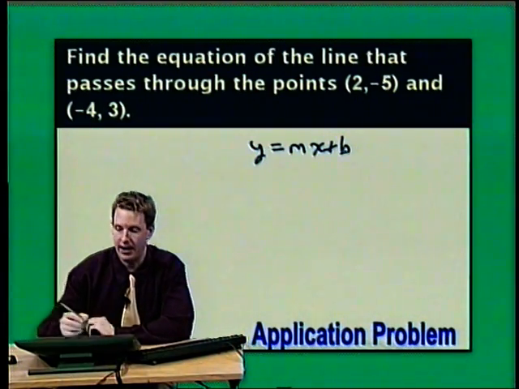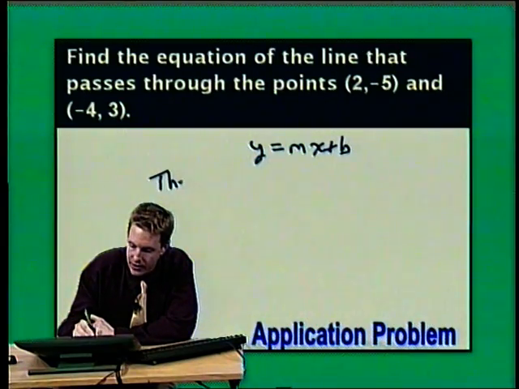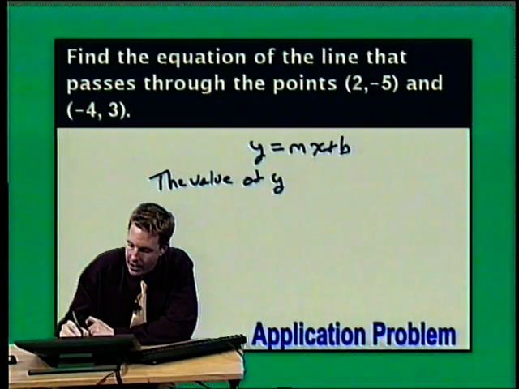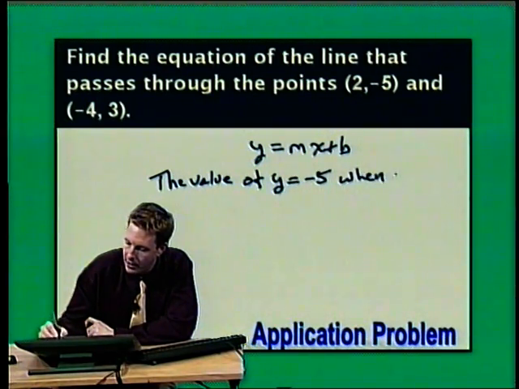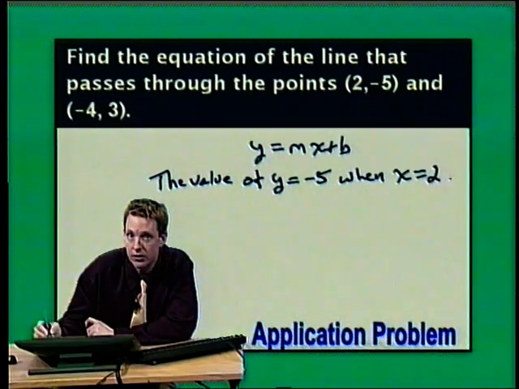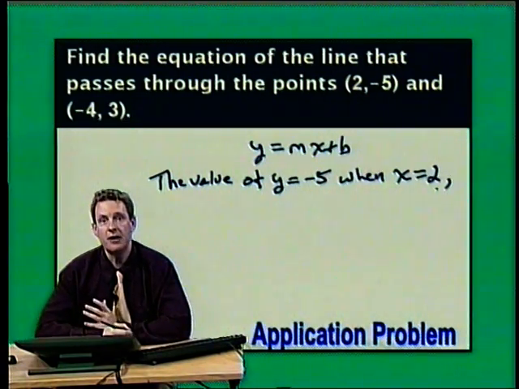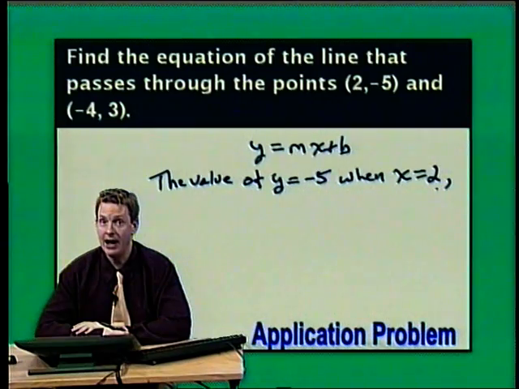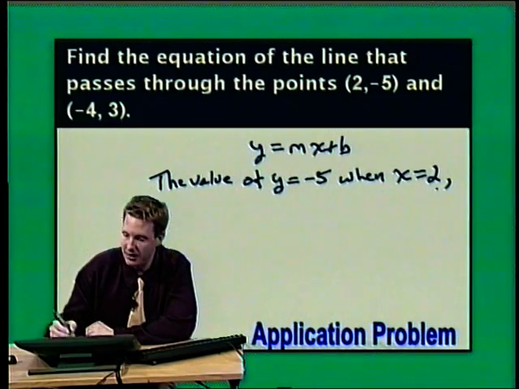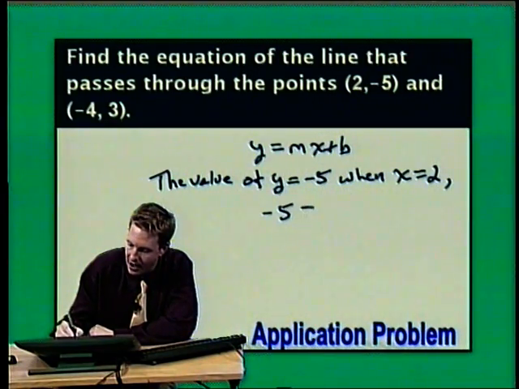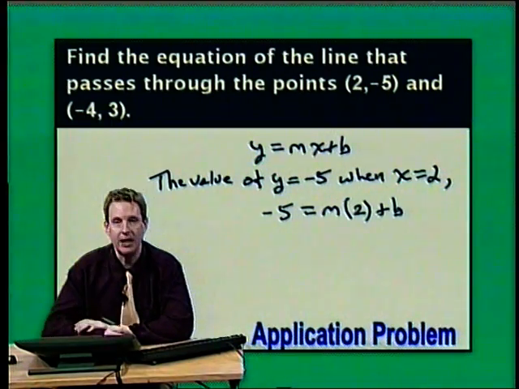Another way of saying that is that the value of y is -5 when x equals 2. These numbers, when replaced for y and x respectively in our equation, have to satisfy our equation.